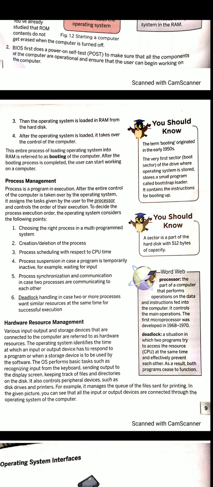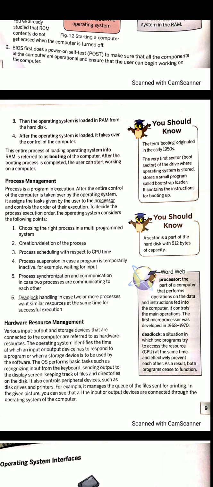Then what is process management? A process is a program in execution. After the entire control of the computer is taken over by the operating system, it assigns the tasks given by the user to the processor and controls the order of their execution. To decide the process execution order, the operating system considers the following points. First, choose the right process in a multi-program system.